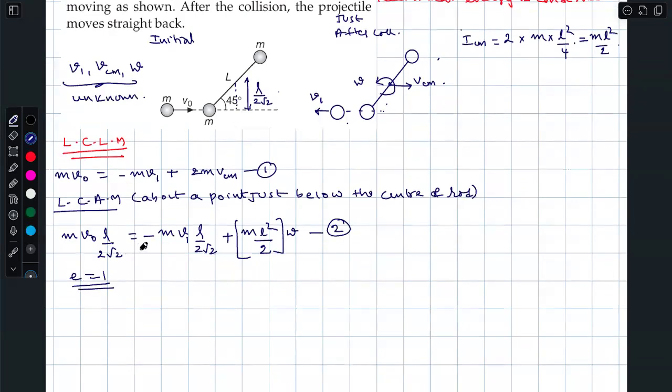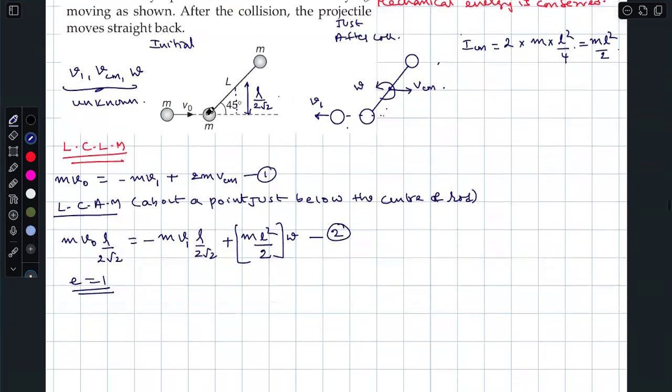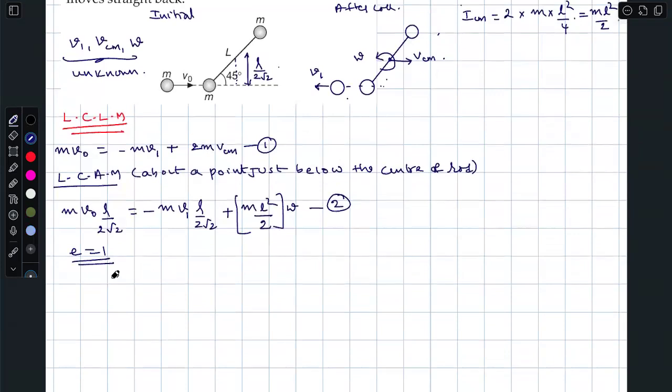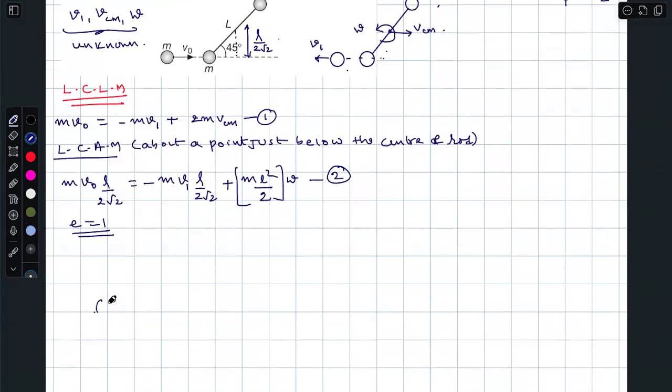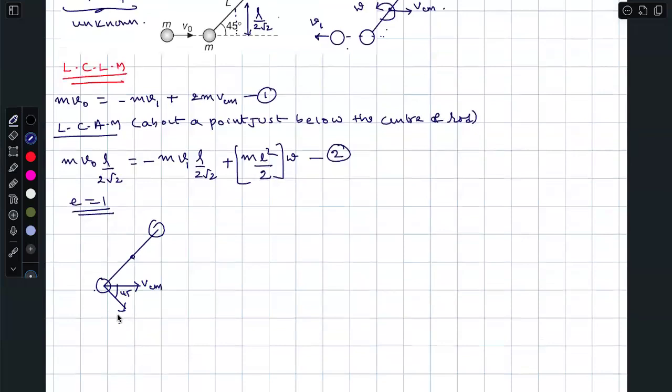Okay? By substituting e equal to 1, you will get the condition at this point. Relative velocity, please try to understand, this particular system will have two velocities. One is VCM, the other one is making an angle of 45 degrees, L by 2 omega.